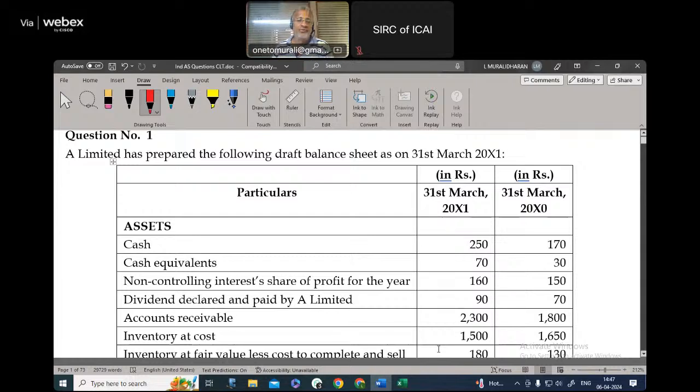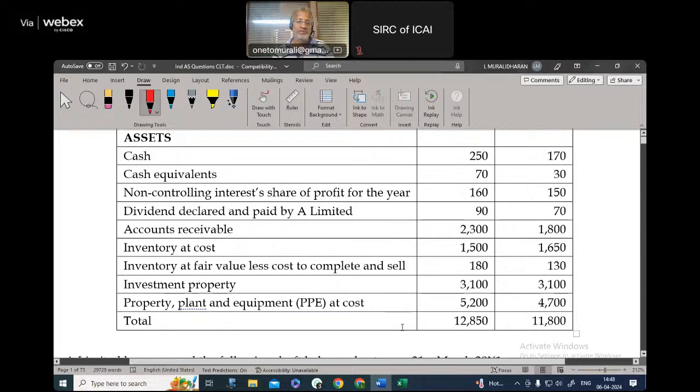Cash 250 and 170, cash equivalent 70 and 30, non-controlling interest share of profit for the year 160 and 150, dividend declared and paid by A Limited 90 and 70, accounts receivable 2,300 and 1,800, inventory at cost 1,500 and 1,650, inventory at fair value less cost to sell and complete 180 and 130.